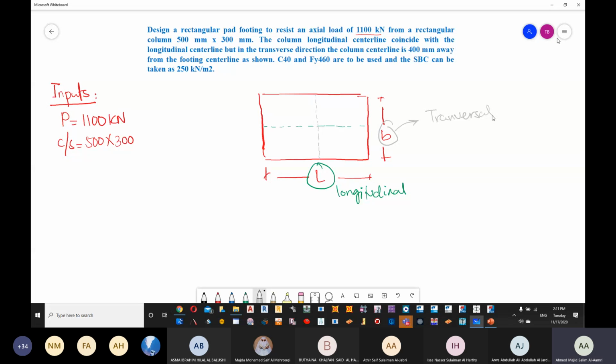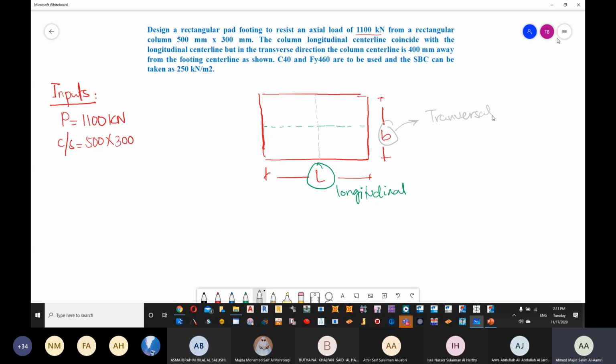Now what they say is that the longitudinal center line of the column coincides with the longitudinal center line of the foundation, so they are in the same line. But in the transverse direction, you are 400 mm off.